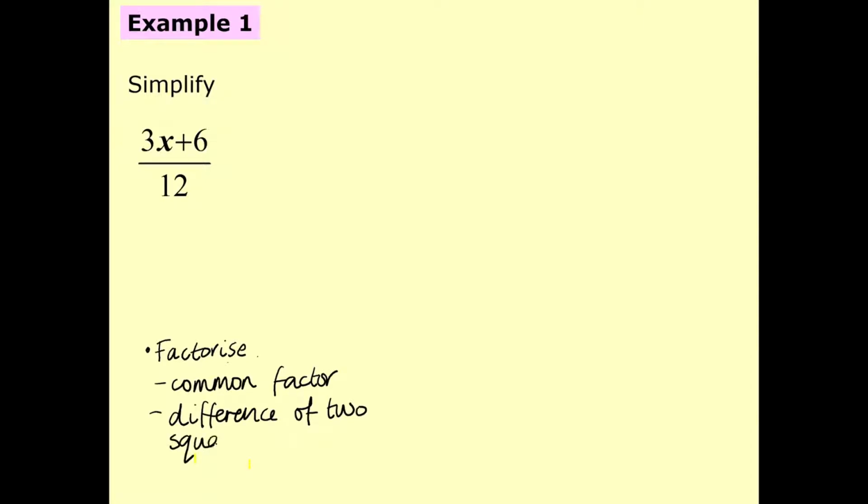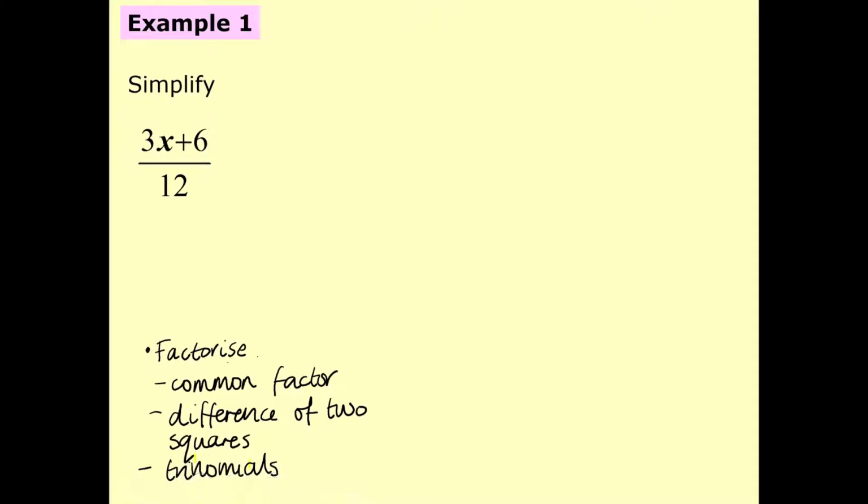And then if it's not either of those things, you want to think about factorising trinomials. So that is your three types of factorising that we're going to be looking at and thinking about when we're doing these questions. So first thing I'm going to think about, is there a common factor?